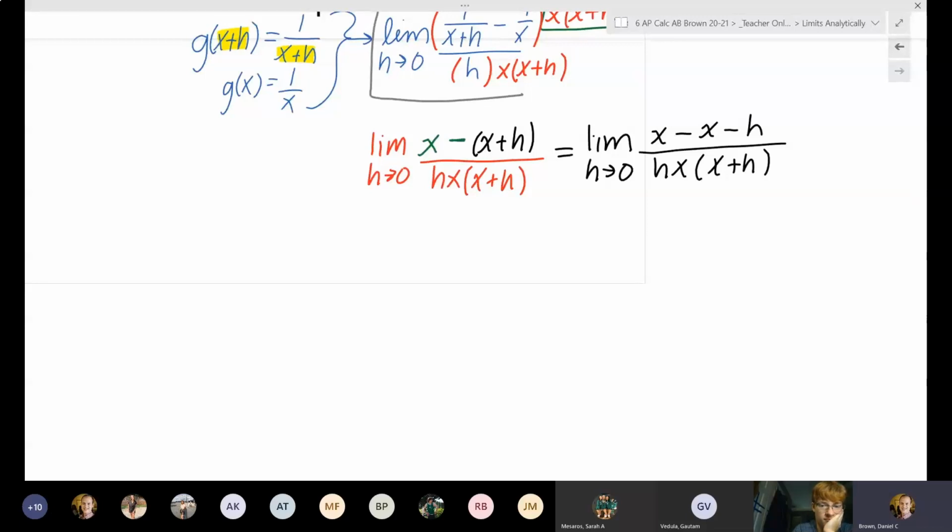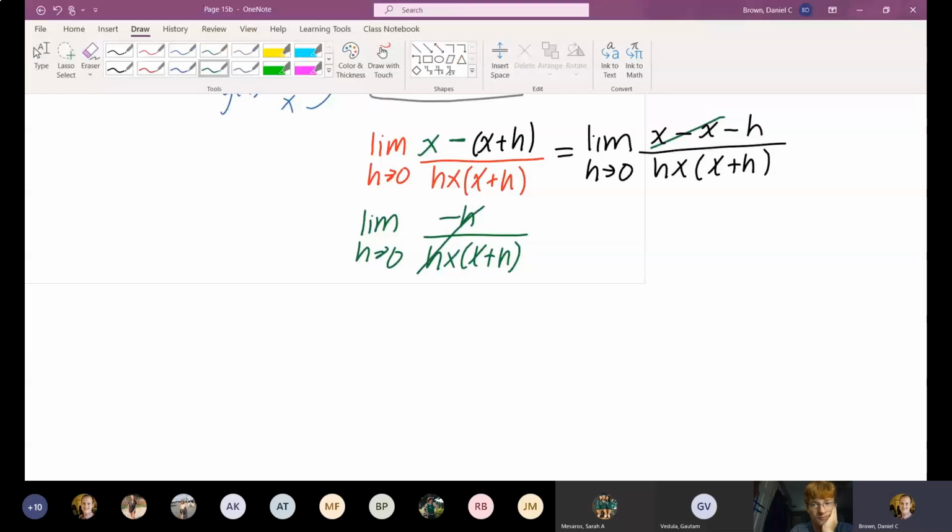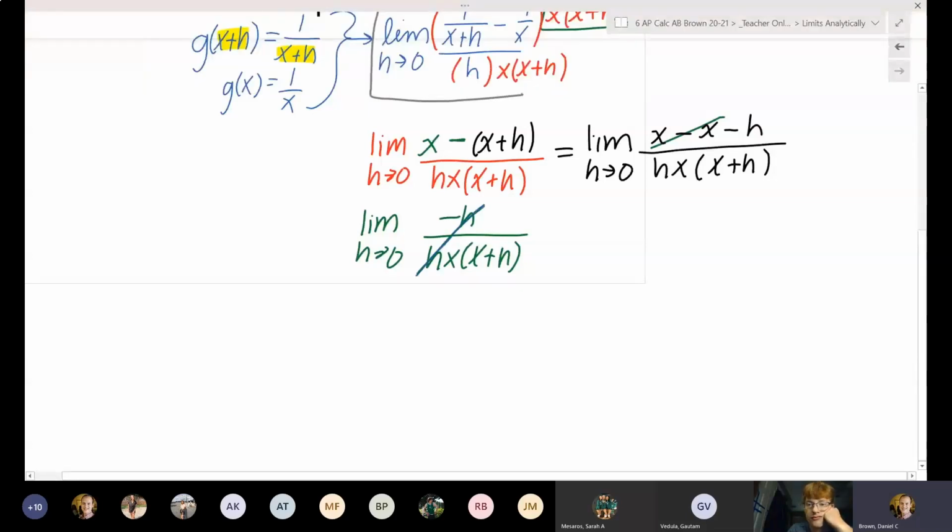Again, for all these plus h problems, things will cancel out always if you do it correctly. Those x's cancel. So we have the limit as h goes to 0 of negative h over hx times x plus h. Now the h's cancel. When I say the h's cancel, what we're left over with is a -1 technically.